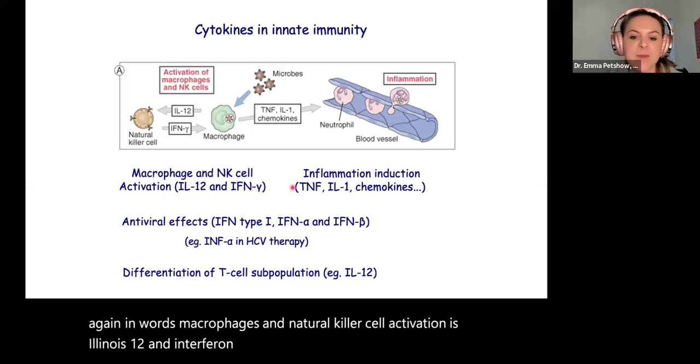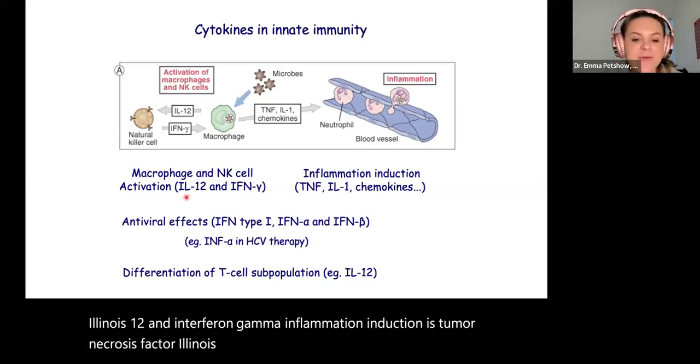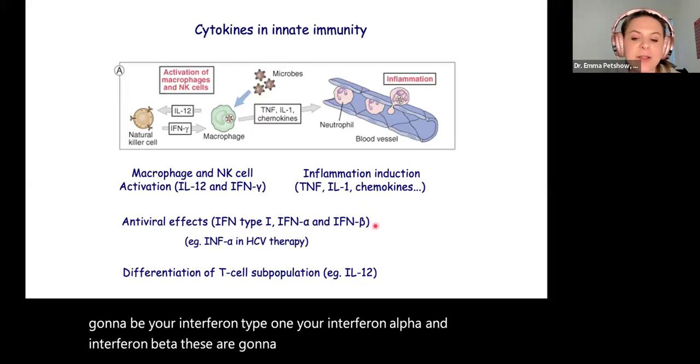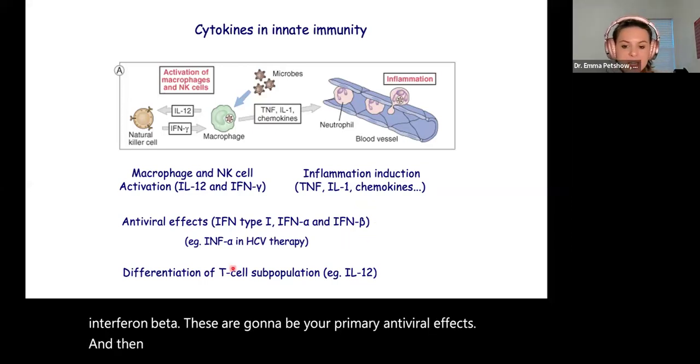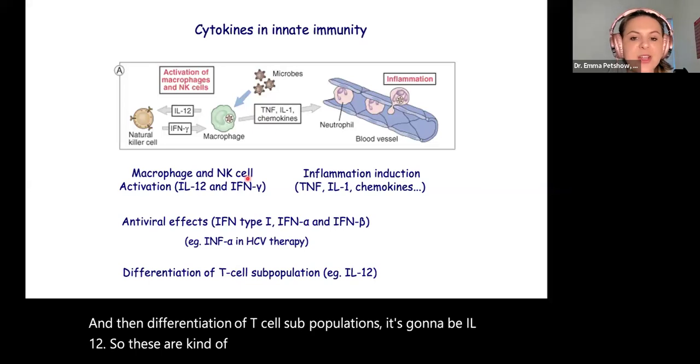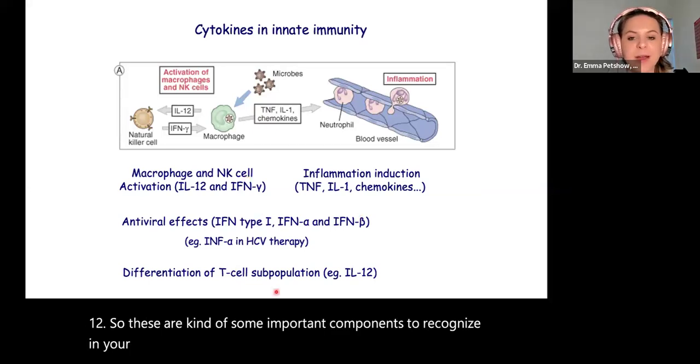Inflammation induction is tumor necrosis factor, IL-1 and chemokines. Our antiviral effects are going to be your interferon type 1, your interferon alpha and interferon beta. These are going to be your primary antiviral effects. And then differentiation of T cell subpopulations is going to be IL-12. So these are some important components to recognize in your initial innate immune response.